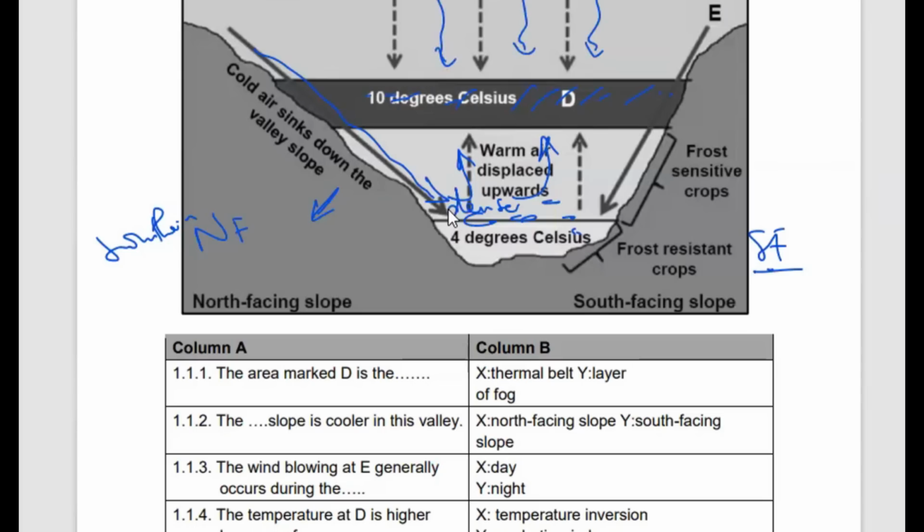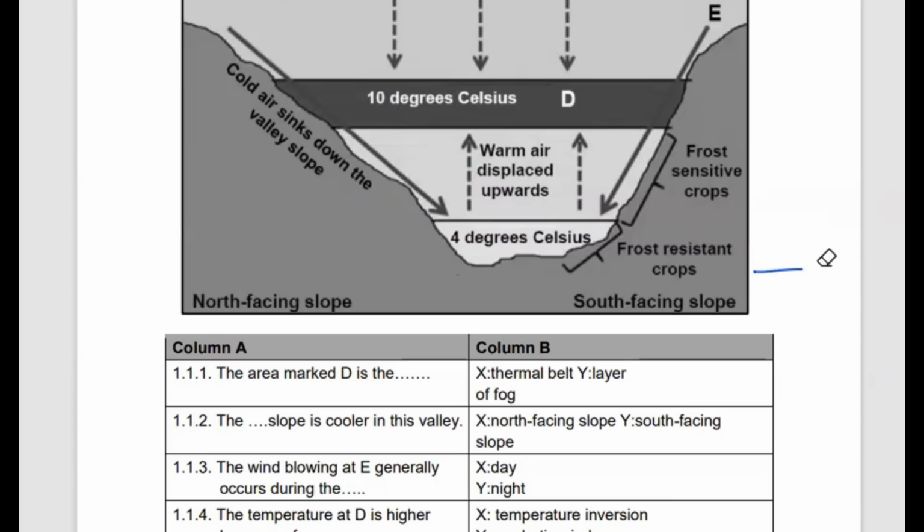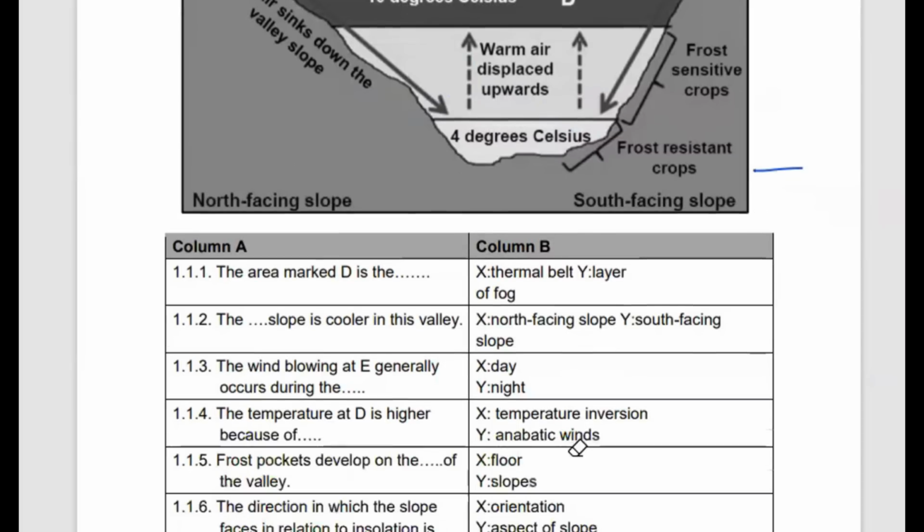So let's go to the questions and try to analyze them and figure out the best possible responses, given that situation of a valley climate in the southern hemisphere. The first question says, the area marked D is this area here.